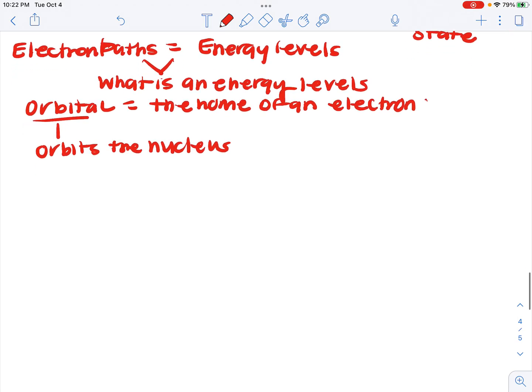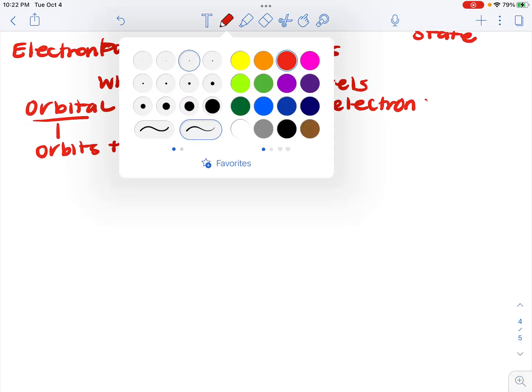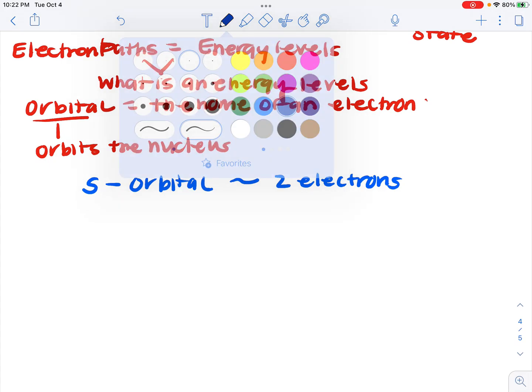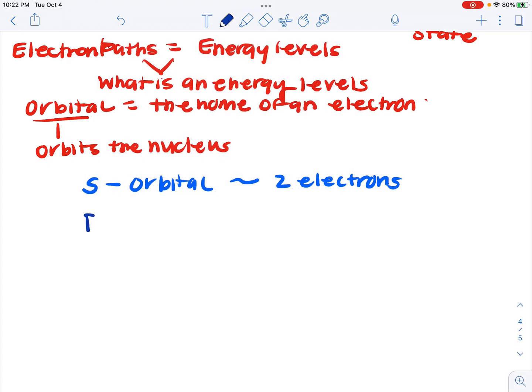And next time we're going to talk about what's known as electron configuration, and we need to be familiar with the 4 types of orbitals and how many electrons can fit in each of the orbitals. So the first orbital is the s orbital, and that can hold 2 electrons. Very similar to the first energy level. The p orbital can hold up to 6 electrons.